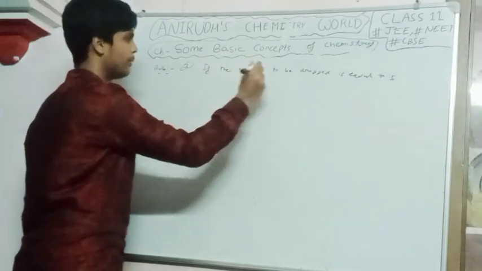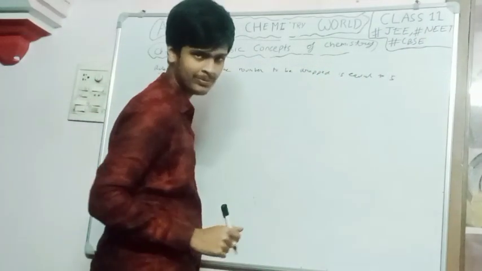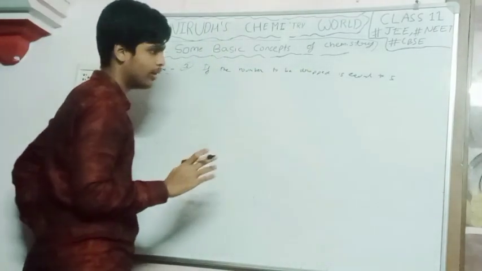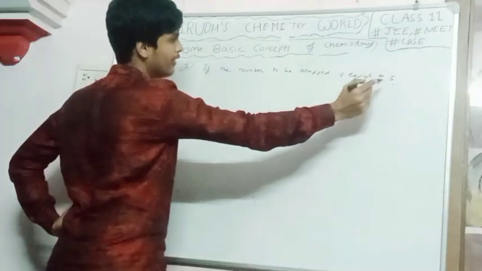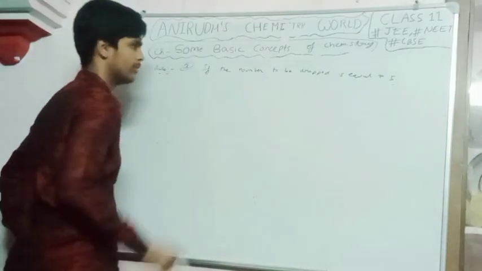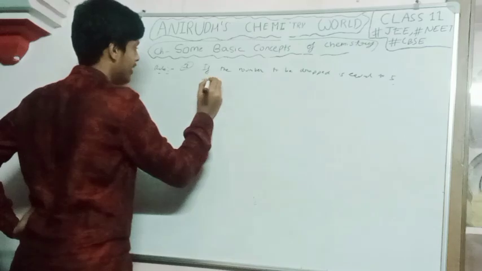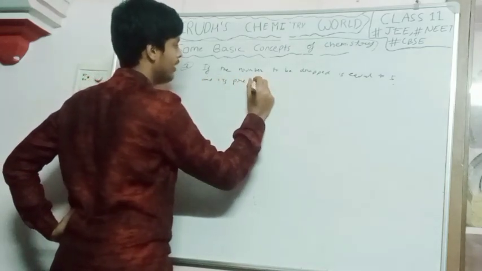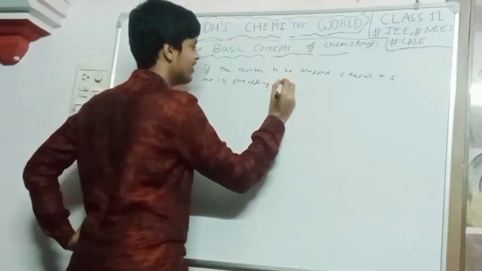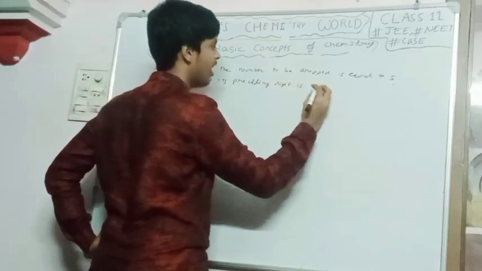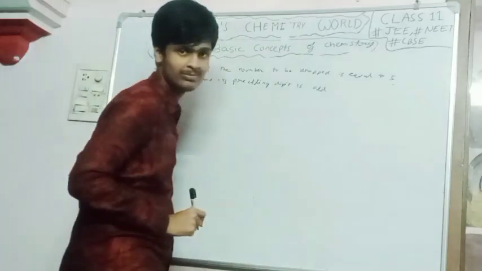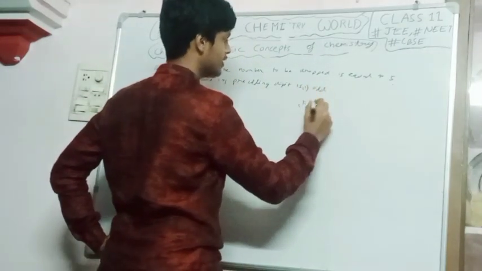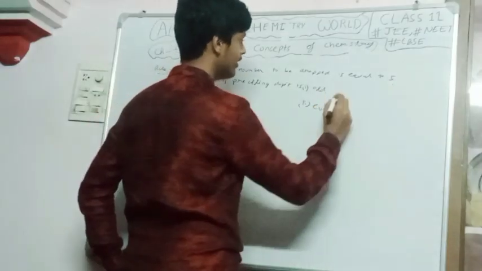If the number to be dropped is equal to 5, rounding off means we are truncating, dropping the value 5, and its preceding digit is odd. First case: if this is odd; second case: if it is even.